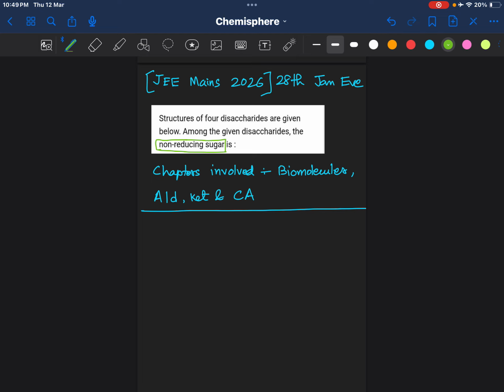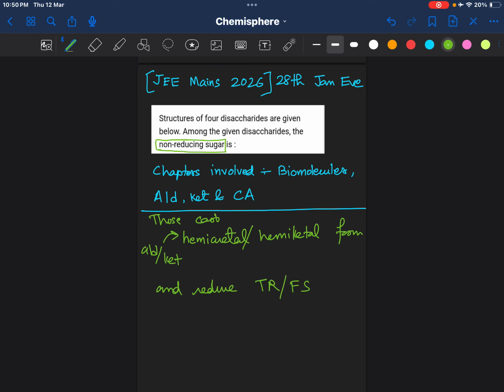All those carbohydrates which contain the aldehyde or ketone group in hemiacetal or hemiketal form, and they reduce Tollens reagent and Fehling's solution, are known as reducing carbohydrates or sugars.